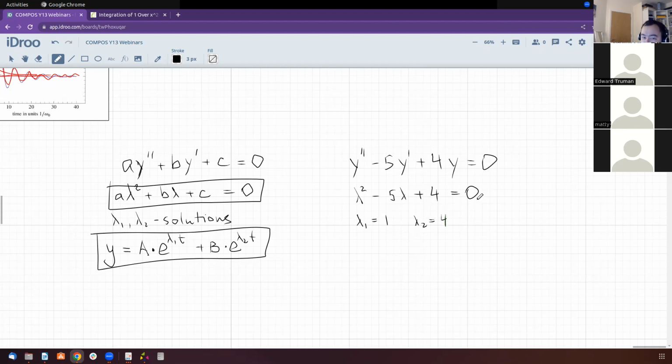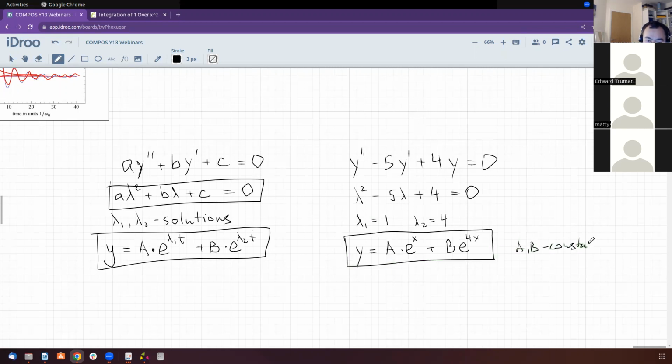These are the solutions of the quadratic equation. And that means y is equal to a multiplied by e to the power x plus b multiplied by e to the power 4x, where a and b are constants determined by initial conditions.